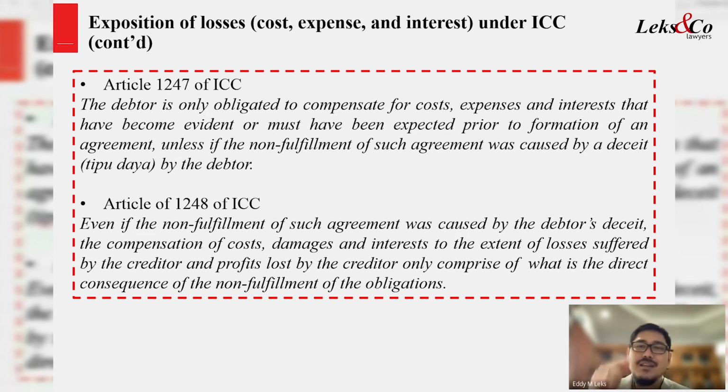So akibat langsung. Jadi if you are claiming an interest, like my case, shipping company, because you gave me a blacklisted sanction, the direct consequence is I lost my projects. Right? That's direct. Itu jelas-jelas akibat langsung. Because of this, causing this. Ya. Tapi ada juga kan akibat tidak langsung.